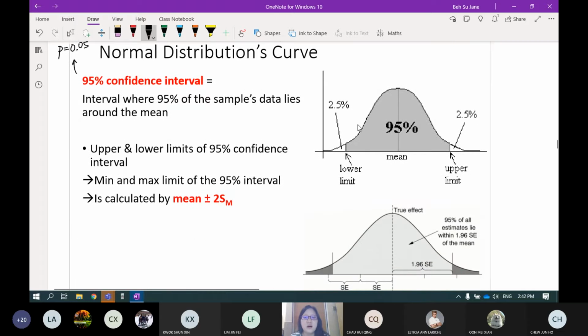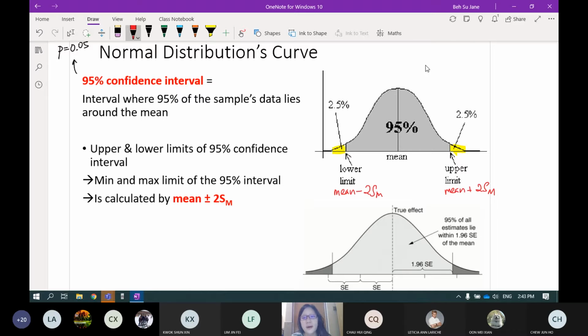Why? Because here is very little so it's negligible, so we don't care. We assume it occurs by chance, and we look at the 95% of the data. This is the mean, so this lower limit is mean minus 2 standard error, and this upper limit is mean plus 2 standard error.